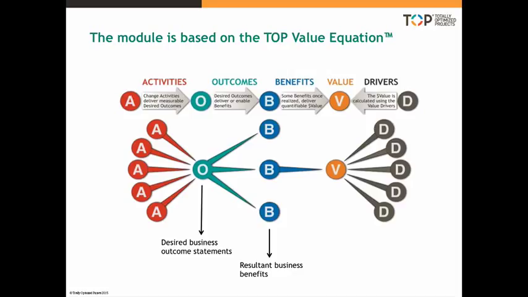Then you can define the benefits that come from delivering these business outcomes. And you tie the two together so that you know that when you've delivered a specific outcome, you know which benefits are now available.